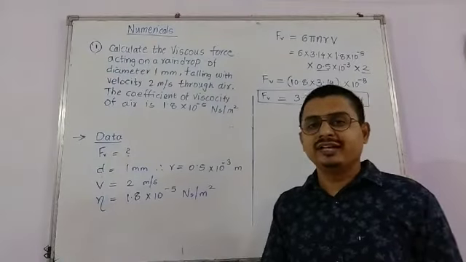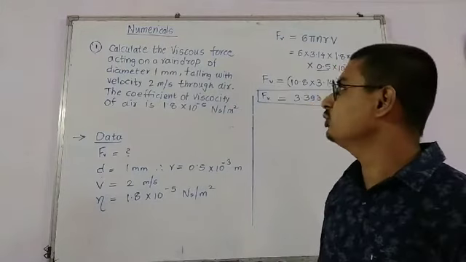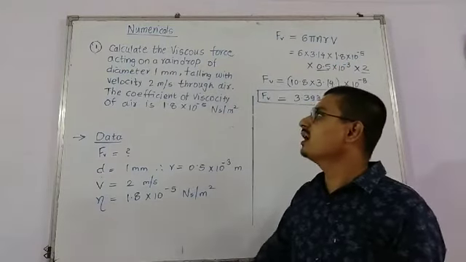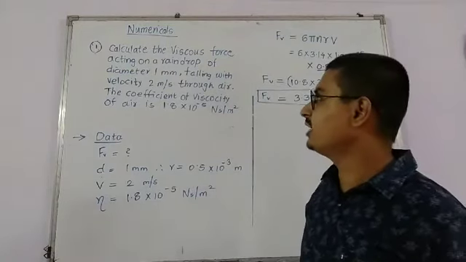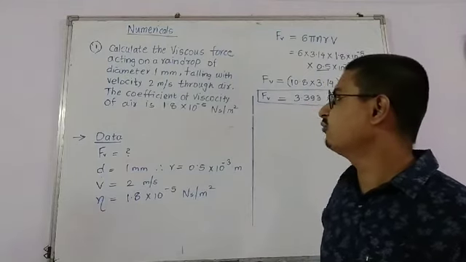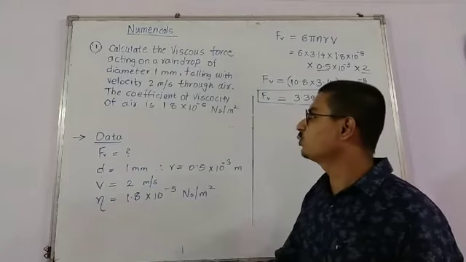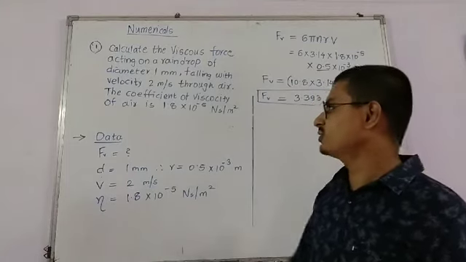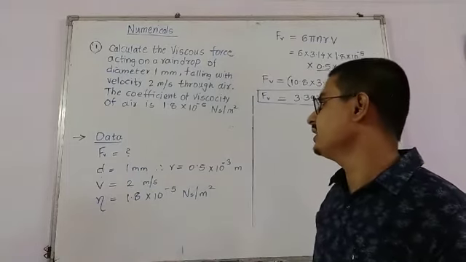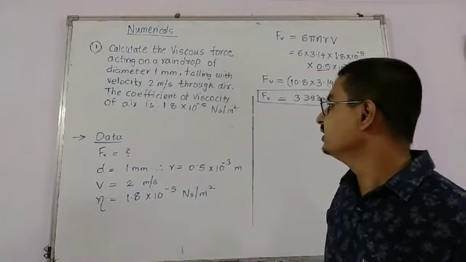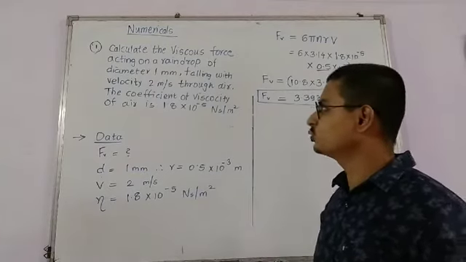So we move to the next problem, that is: calculate the viscous force acting on a raindrop of diameter 1 mm and falling with velocity 2 meter per second through air. The coefficient of viscosity of air is 1.8 into 10 power minus 5 Newton second per meter square.